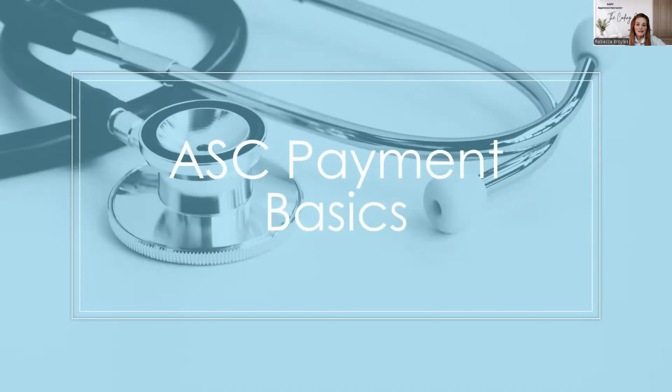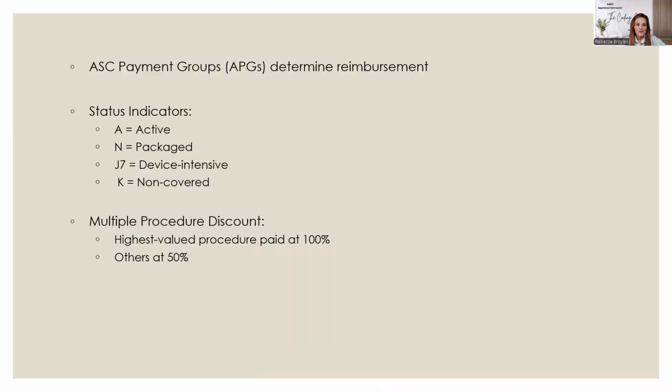ASC payment basics. We have the ASC payment groups, or APGs, that determine reimbursement. The status indicators impact payment. For example, packaged items are not separately reimbursed.